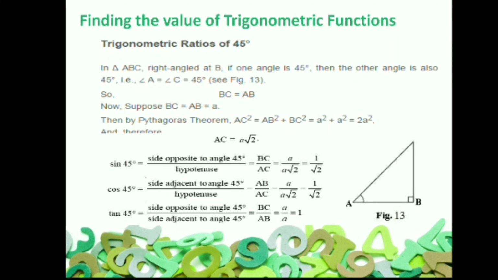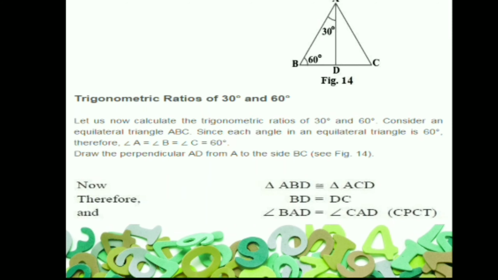Now the second is 30 degree and 60 degree. So here we will draw an equilateral triangle. Which kind of triangle? Equilateral triangle. In an equilateral triangle we know that all angles are 60 degree and all sides are equal. So ABC is an equilateral triangle where angle B is 60 degree, angle A is 60 degree and angle C is 60 degree.